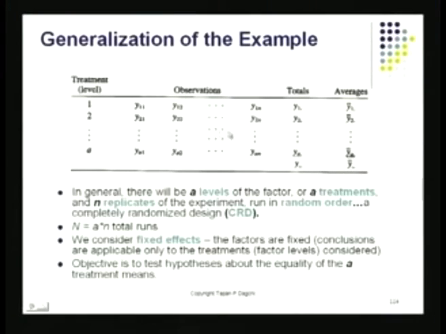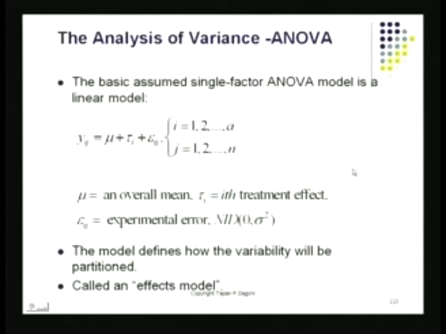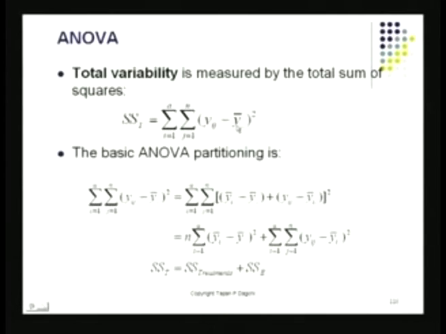The difference between yij and this grand average, there's going to be a delta there. What is this difference attributable to? One is of course the treatment variation. The other is the effect of noise. Both of them contribute to the variation that exists between yij and the overall average.